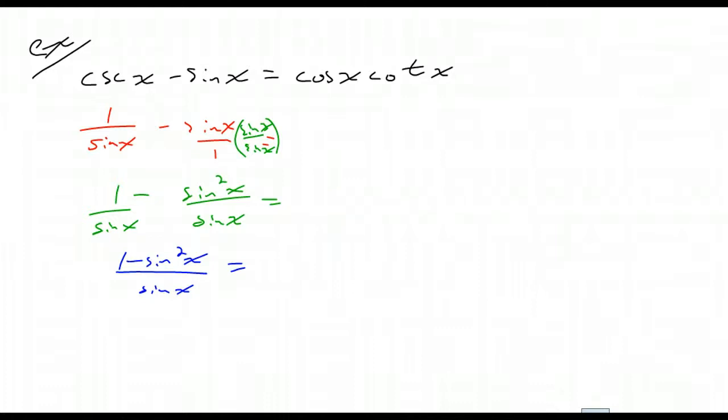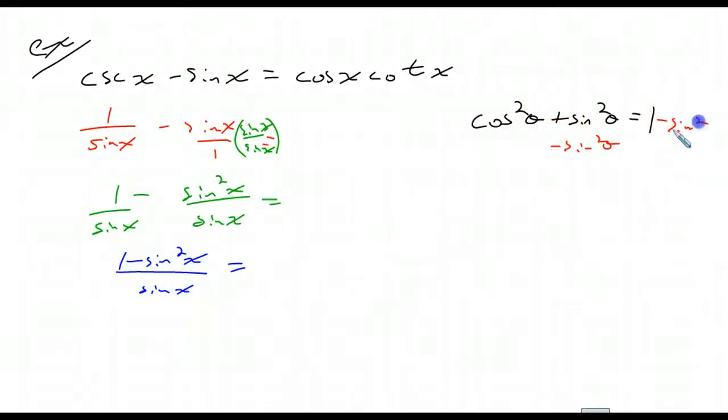By our Pythagorean identity, that's a useful trick, I can move over my sine squared so that I have cosine squared is 1 minus sine squared theta. I have 1 minus sine squared in the expression I'm trying to simplify in my proof.